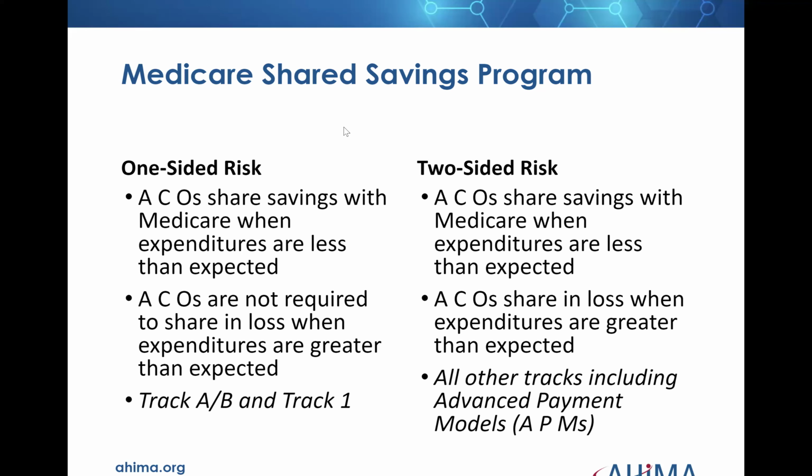With the two-sided risk, accountable care organizations share savings with Medicare as expected, and then ACOs also share in the loss when expenditures are greater than expected. So it's not just one-sided. It's not just going all on CMS.